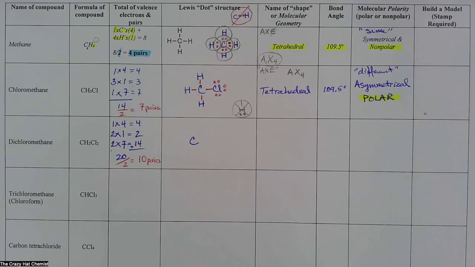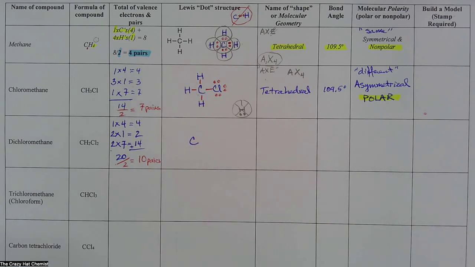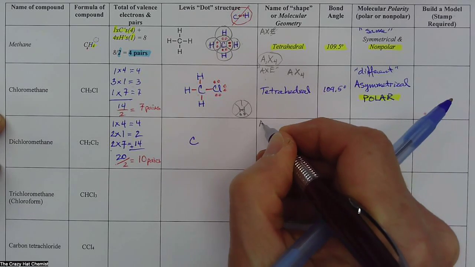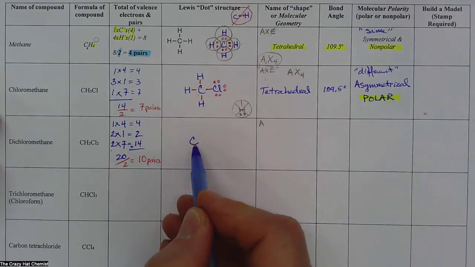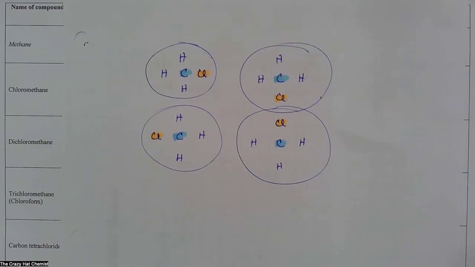All right, and then what we do is we place the other atoms. This is the A in our AX-like structure, which is the central element. The next ones are going to be the hydrogens and the chlorines. And again, just like what we did on the chloromethane, we can do this in any order we want to.